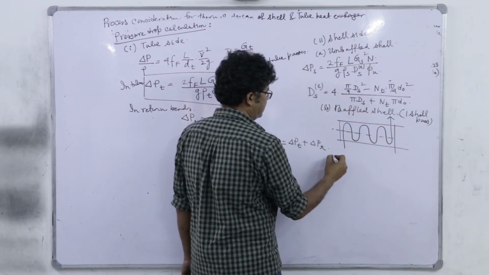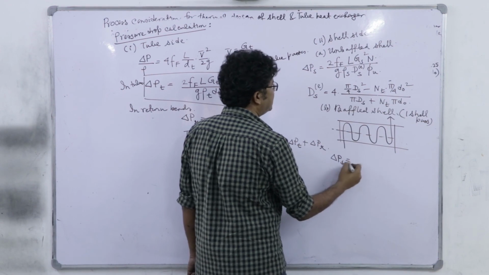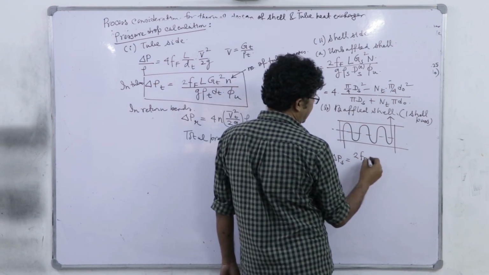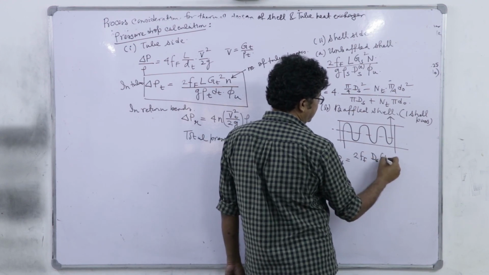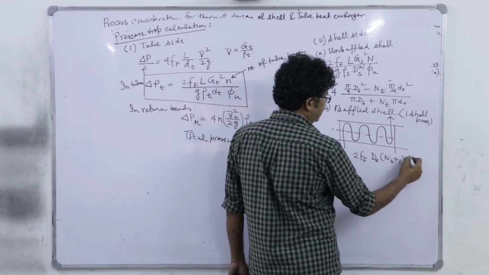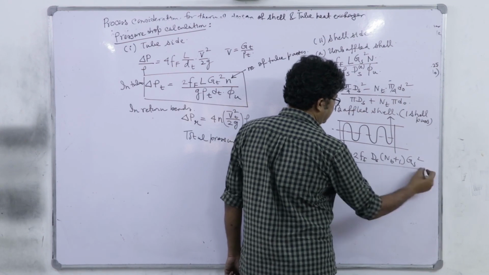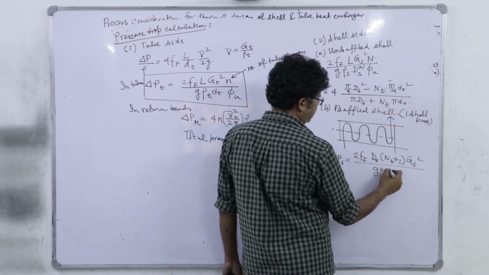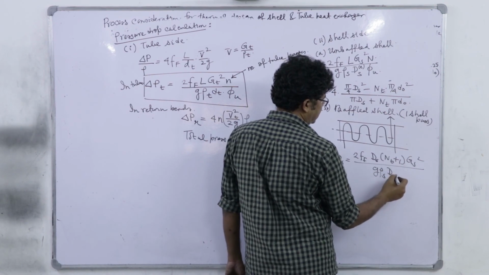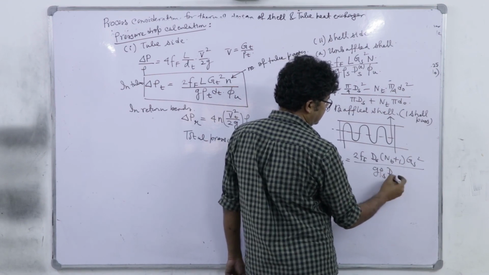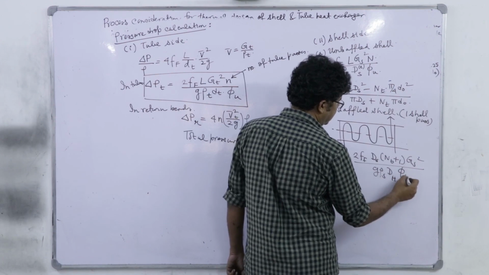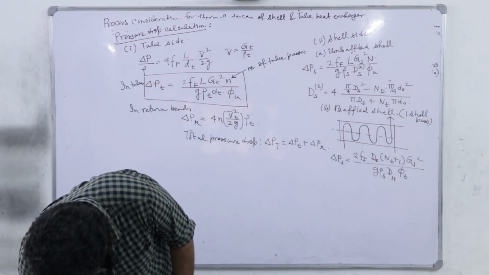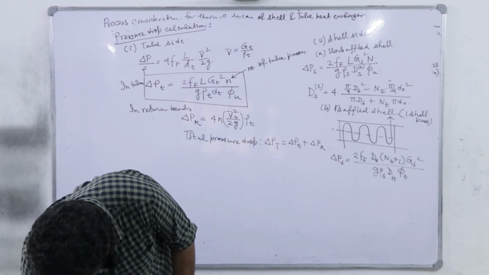So here delta P_s will be 2f f. Now L will change, L will be d_s into N_b plus 1 into G_s square divided by g into rho_s into d_H, rather, the equivalent pipe diameter into phi_t, whatever we have calculated. Yeah.